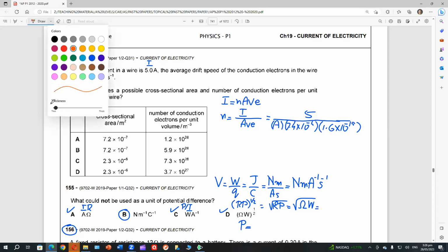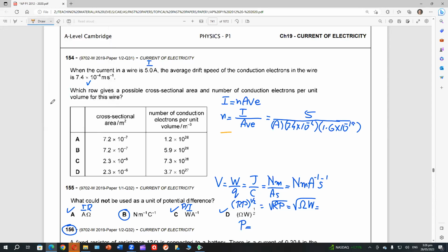That would be the possible solution. A is coming as wrong. It is coming very high.